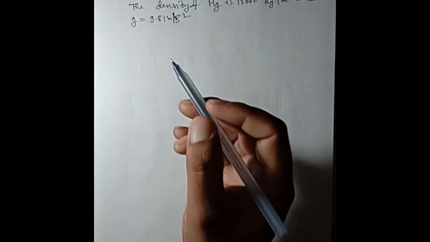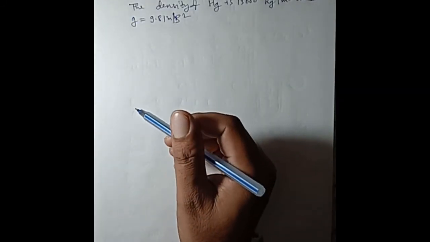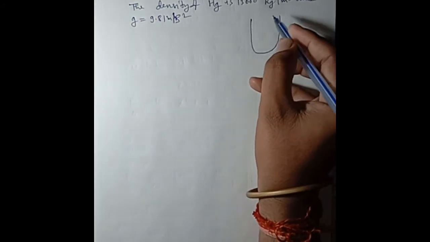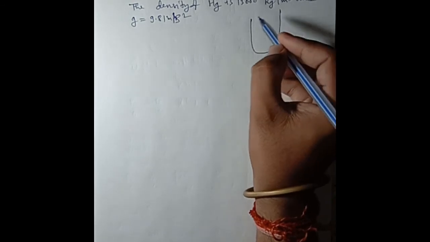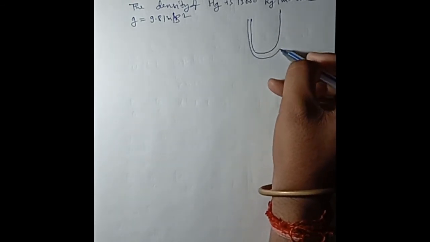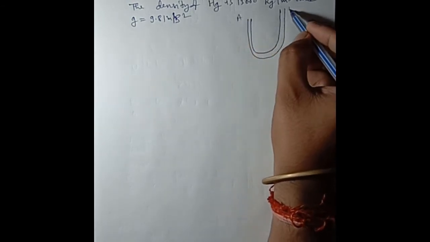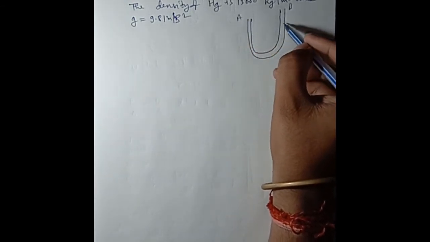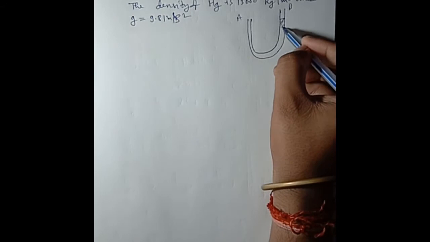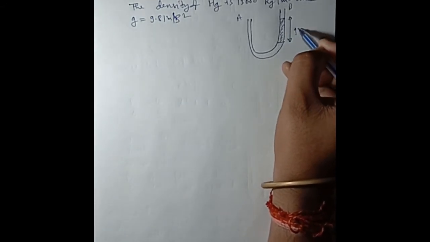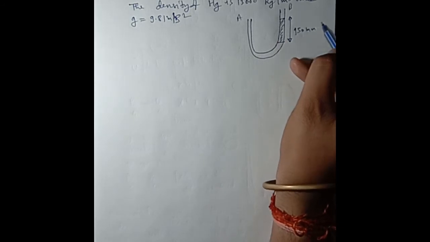Now a small example. We take a U-tube manometer. Here we draw a U-tube manometer like that. This is point A and this is point B. Here filled a mercury 150 millimeter height.